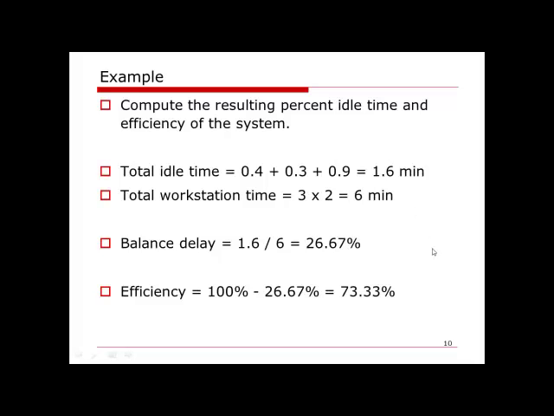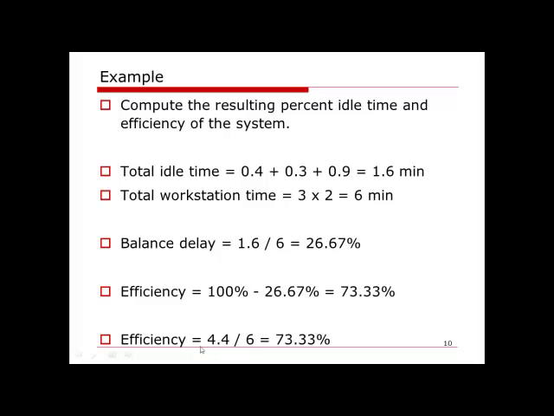However, sometimes we can calculate the efficiency in a more direct way. Here, I calculate the efficiency by using 4.4 divided by 6. It gives us the same number, 73.33%. So why can I use this? Because the total workstation time is 6 minutes, as we showed earlier.